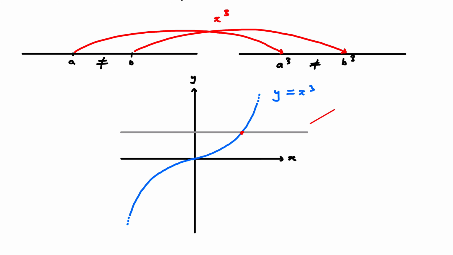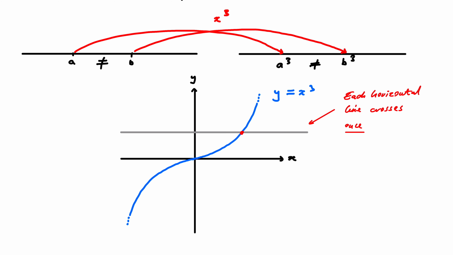So each horizontal line crosses at most once. Crosses once. Okay, so that's a difference, right? There's a difference between these 2 things. So it crosses once.